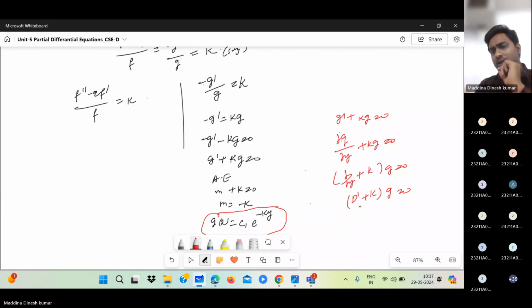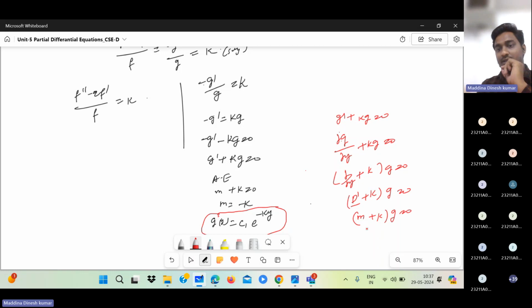Here we need to convert into an algebraic equation to get the roots, so d dash I will assume as m. So m plus k into g equal to 0. It will reflect, so it will take some time.